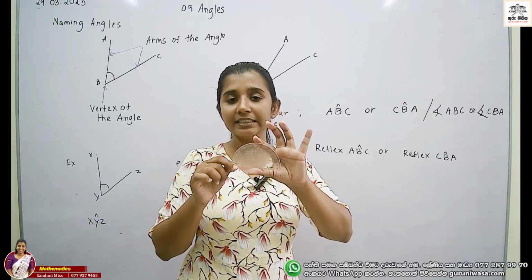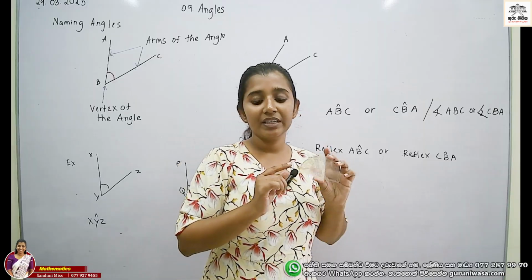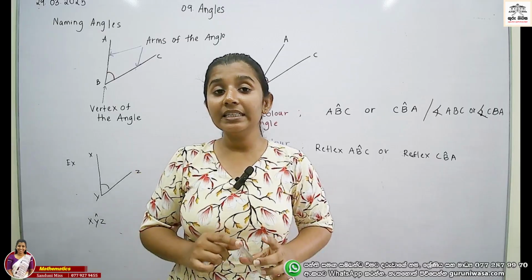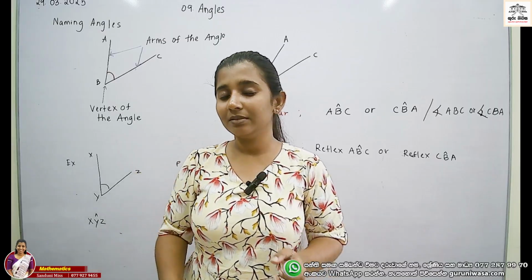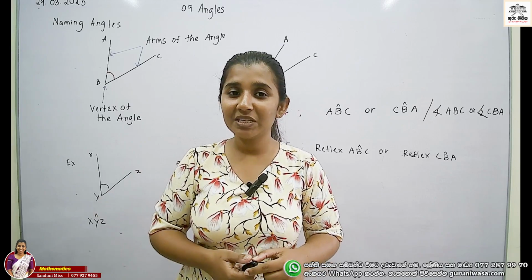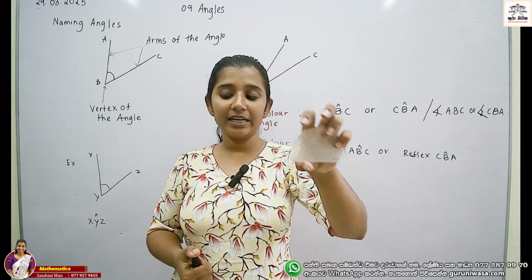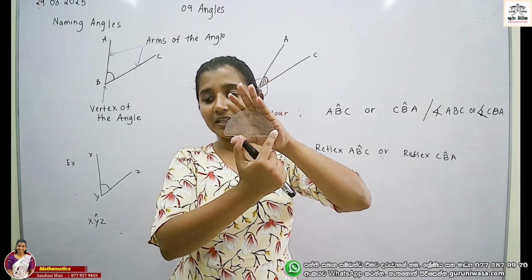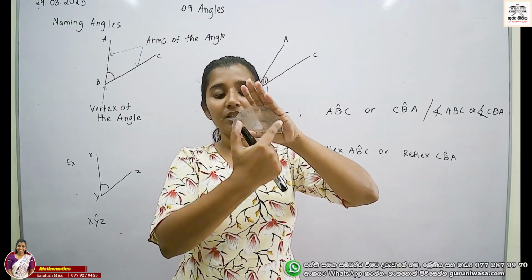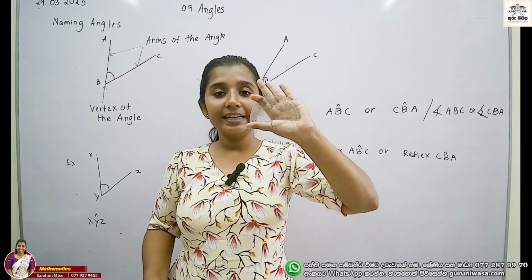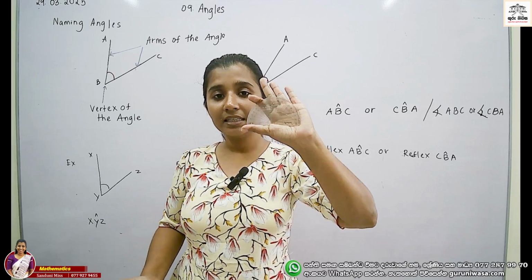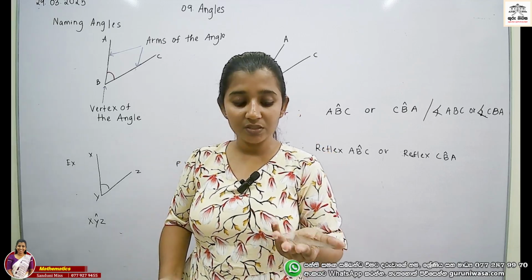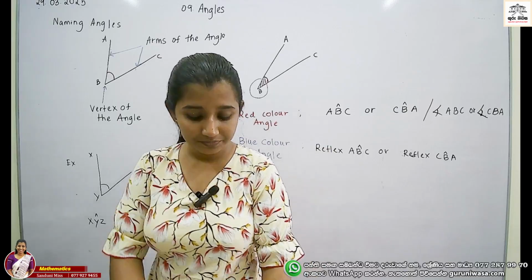This is called a protractor. Angles are measured in degrees. You can see in the protractor from 0 to 180, 180 degrees, in one protractor, right? So we'll learn one by one.